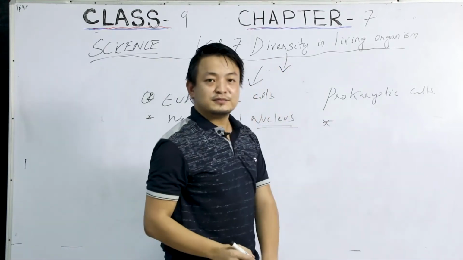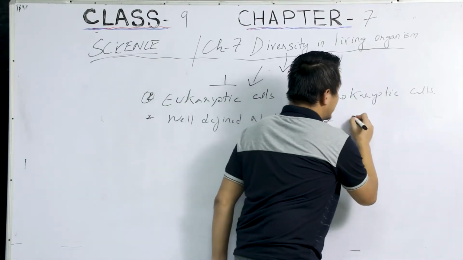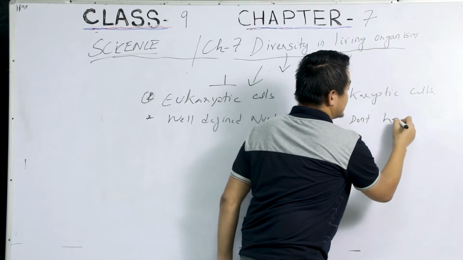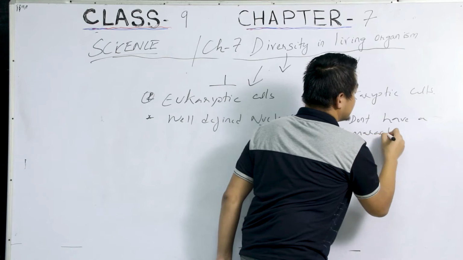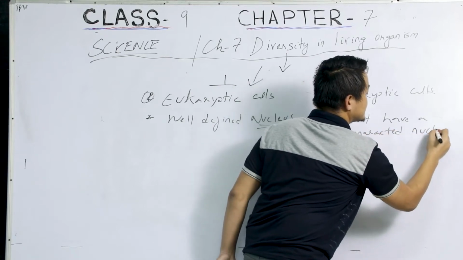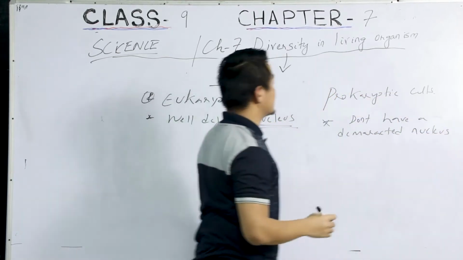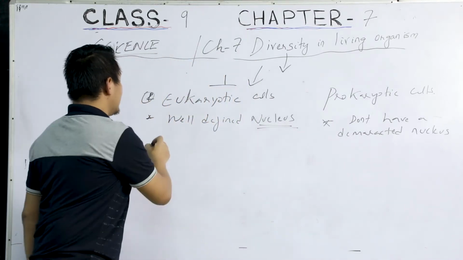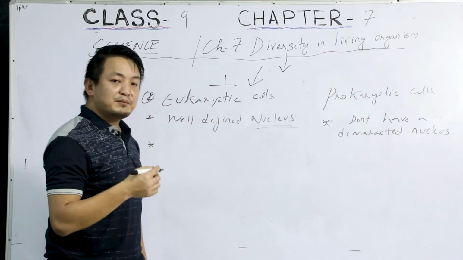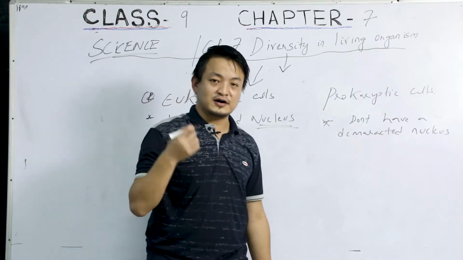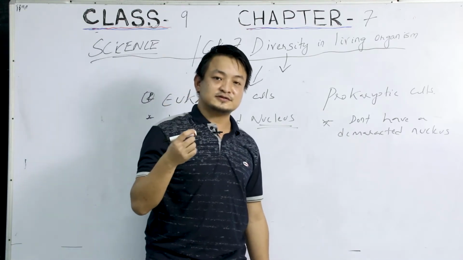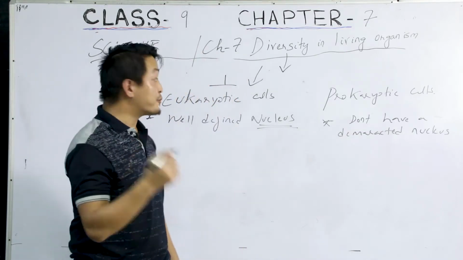Now prokaryotic means they don't have a demarcated nucleus, or they don't have a well-defined nucleus. Clear? Students, now membrane-bound organelles like mitochondria, Golgi apparatus, endoplasmic reticulum are present.